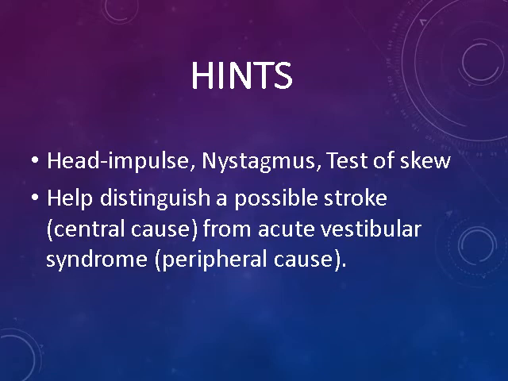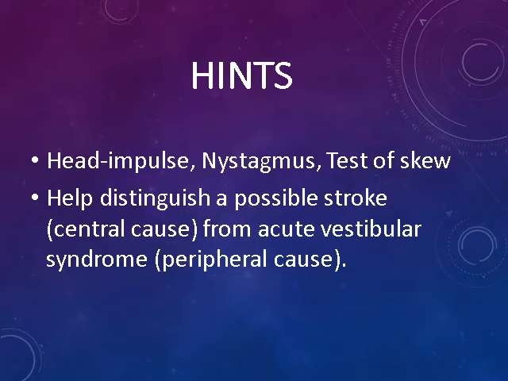So where is the problem? Putting the three together, head impulse with nystagmus with the result of the test of skew deviation, can help the primary healthcare physician distinguish whether the cause of dizziness is stroke or acute vestibular syndrome.